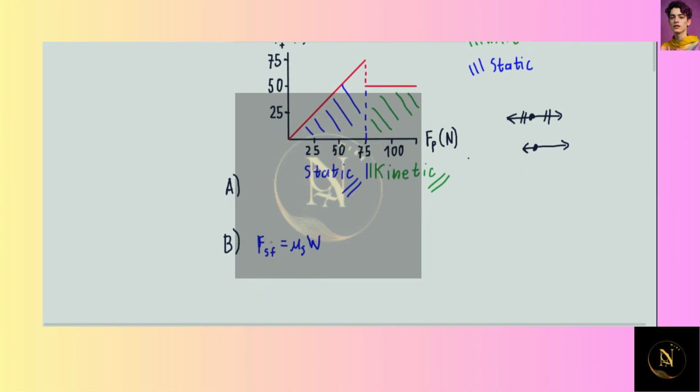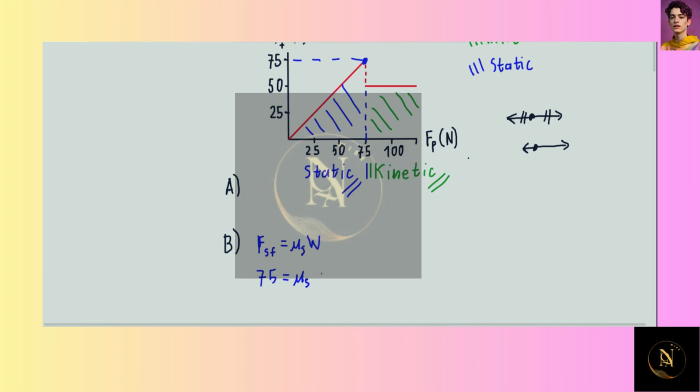But this force is going to be the maximum force that the static friction provides, because we just said that static friction matches the force we apply until it gets to this point, 75 newtons. So that maximum force is going to be those 75 newtons, coefficient of static friction, and the weight.